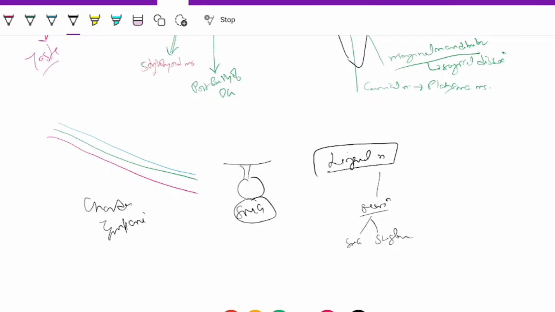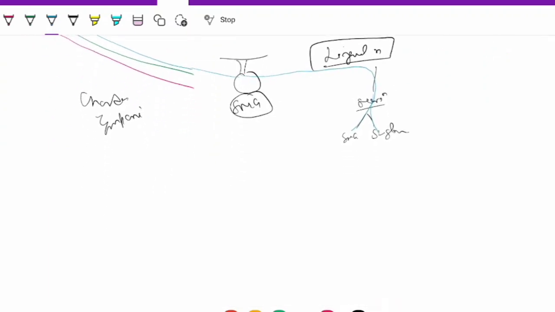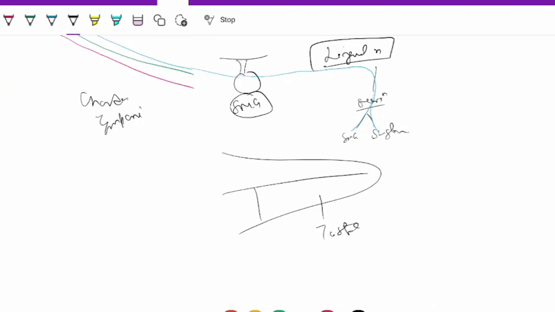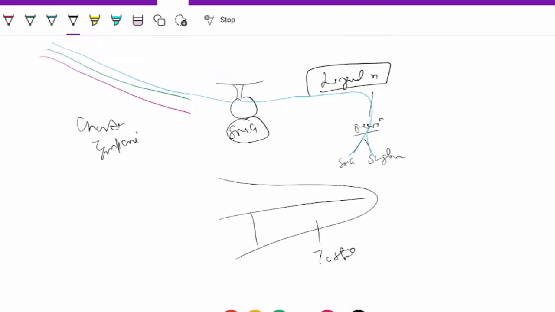through the submandibular ganglion via these secretory fibers. So these secretory fibers go like this, and they're responsible for secretion. But there was this one more job that we saw, the anterior two-third taste, and that anterior two-third taste is being done through the submandibular ganglion via the lingual nerve through chorda tympani.